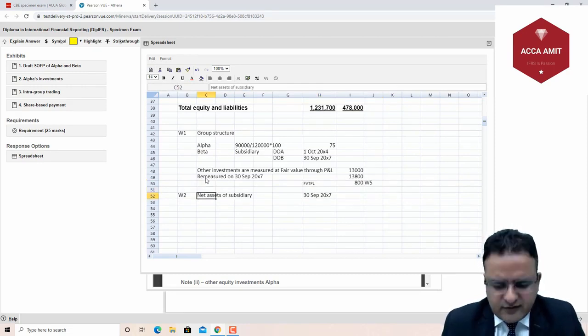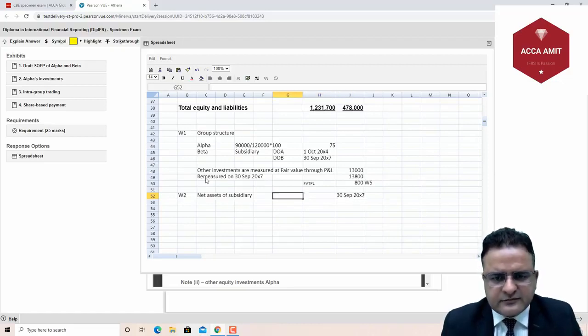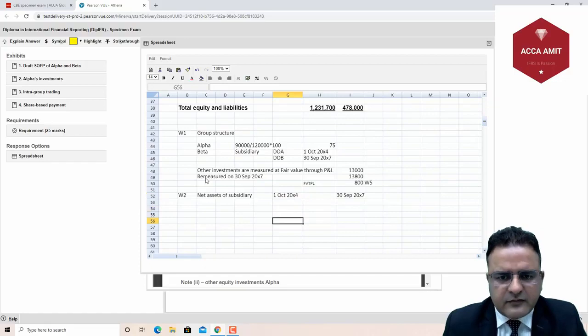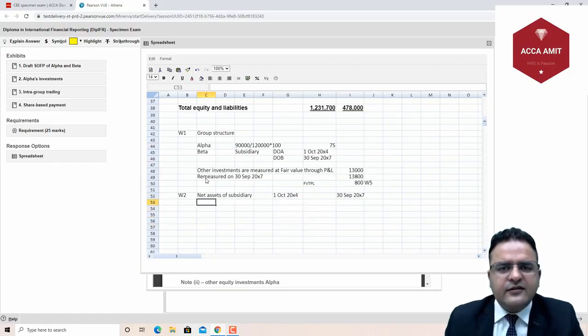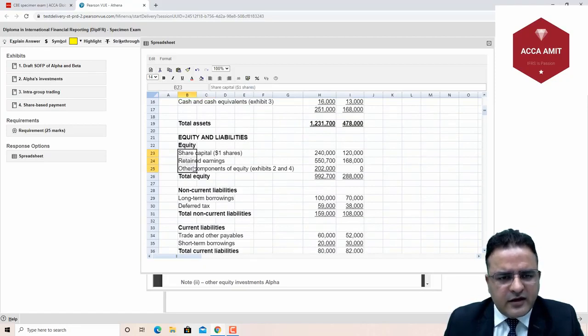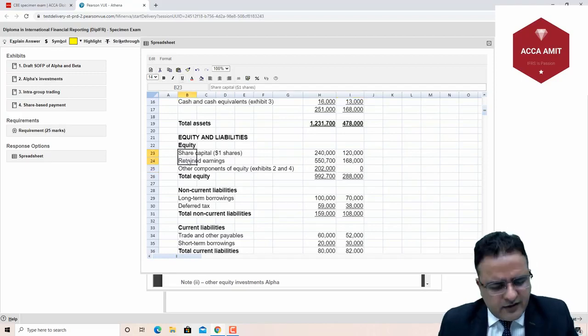The second thing we need is net assets of subsidiary, that is on date of acquisition and date of balance sheet. Now this is date of balance sheet. Date of acquisition is 1st October 20x4. Net assets of subsidiary which are acquired are share capital, retained earnings, other components of equity. There is nothing in other components of equity as far as the subsidiary is concerned, so there is only share capital and retained earnings.